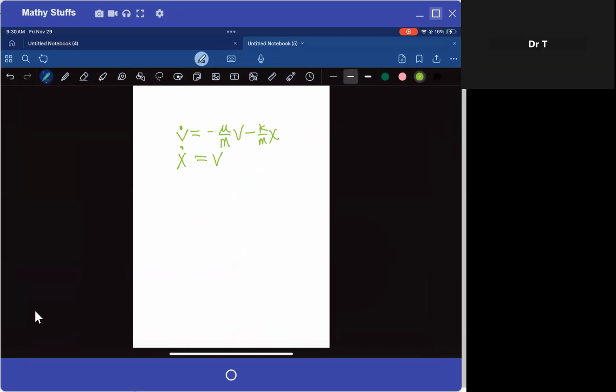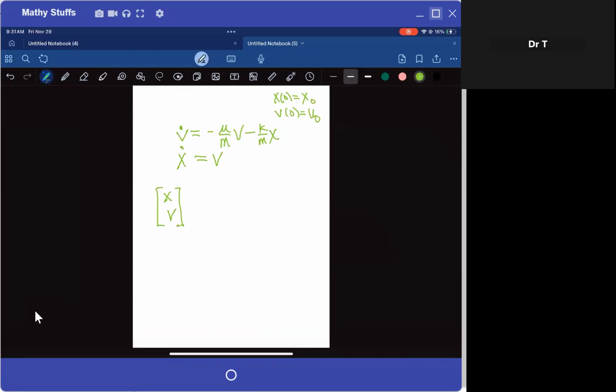And then I had these initial conditions. I'm just going to put them up here at the top: x at 0 was x naught, v at 0 was v naught. So I can actually turn this into a system that is represented by vectors. My vectors are going to have 2 components, x and v. So all my solutions will be vector valued.